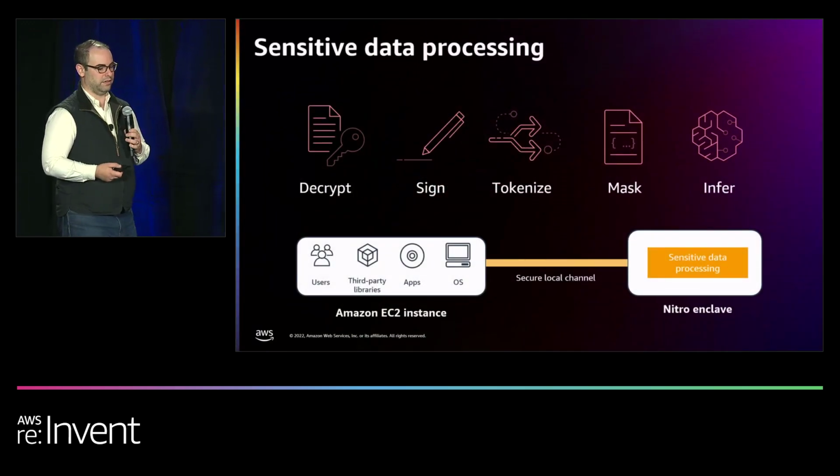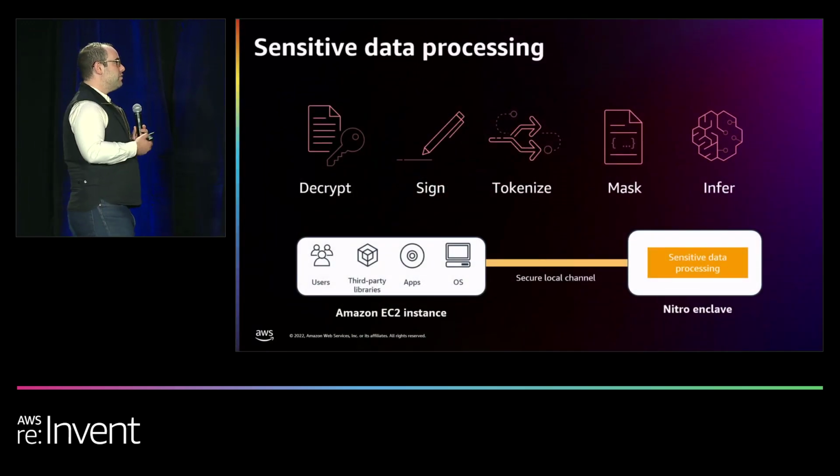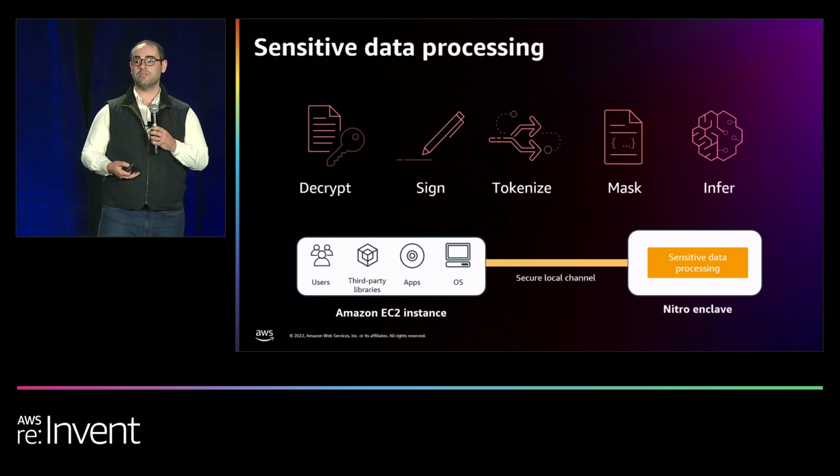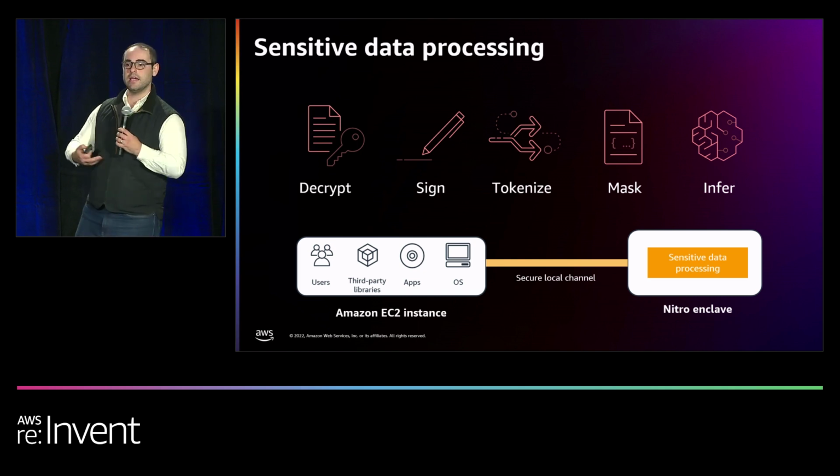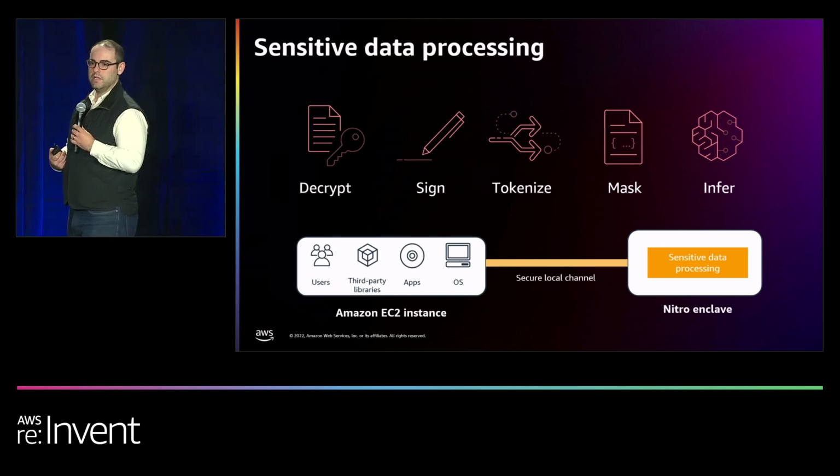What do we do with this sensitive data? What type of data processing? Well, as you've seen, decryption of data is often the first step, getting your sensitive data securely into your isolated environment.